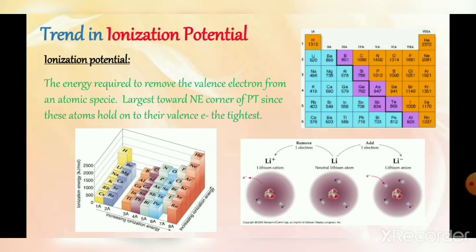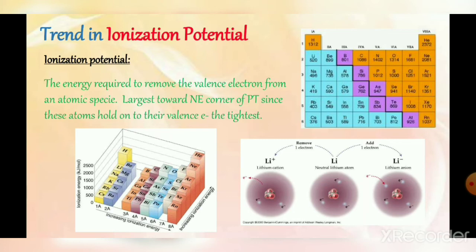Now students, if we look at this three-dimensional figure for ionization potential, increasing ionization potential takes place from radon to helium.